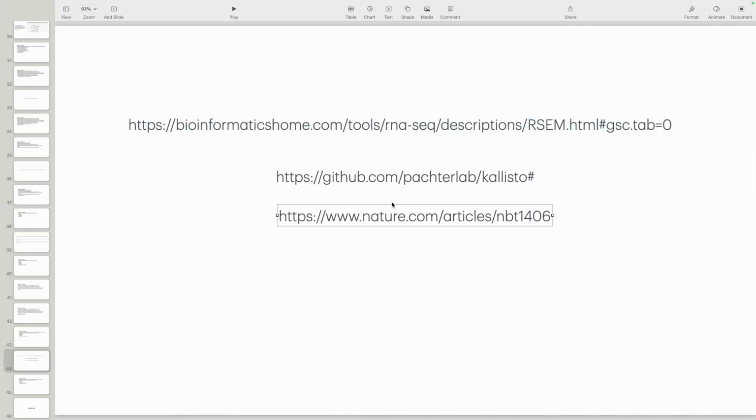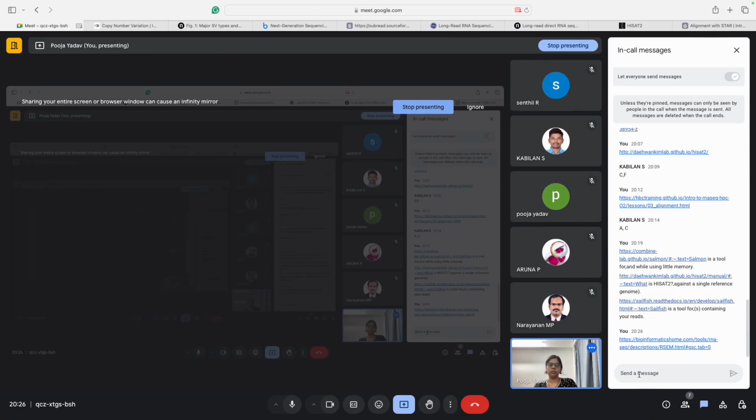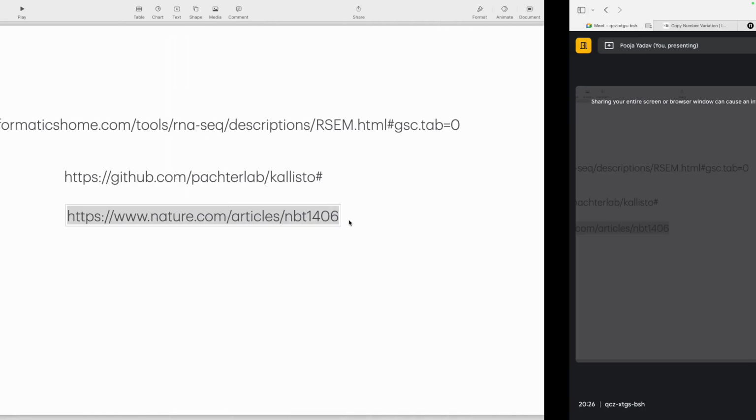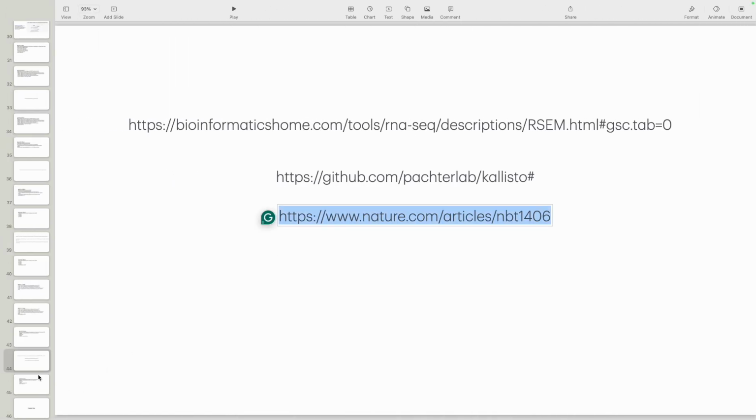I'll also share about this algorithm, expectation maximization. We will not cover how exactly this is done. I'm sharing the reference, so if you want to know more, you can go through these references and see how exactly they work.